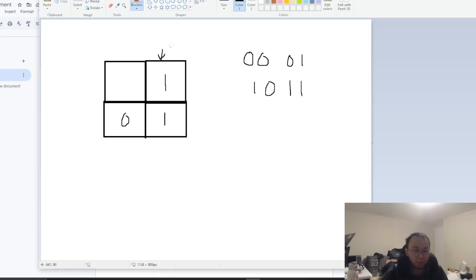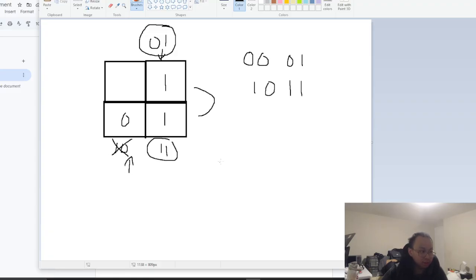This square represents 1, or 0, 1, because we have 2 digits now. This square represents 1, 0, and this square represents 1, 1. So similar to this matrix right here. Because these are the only ones with the value of 1, or heads up, or whatever, we will only add these 2 numbers. Because this is a 0, we will not be adding this number.